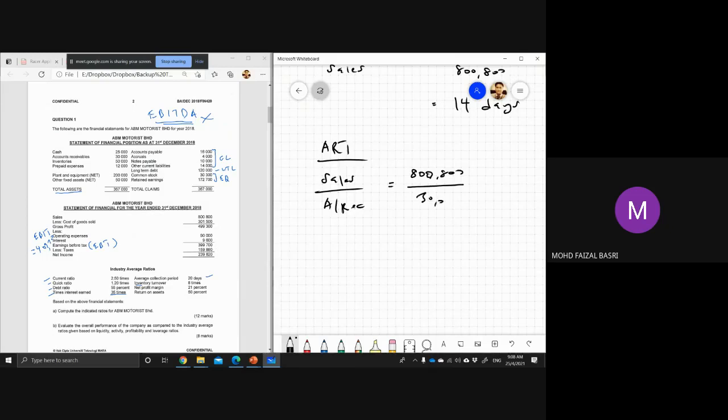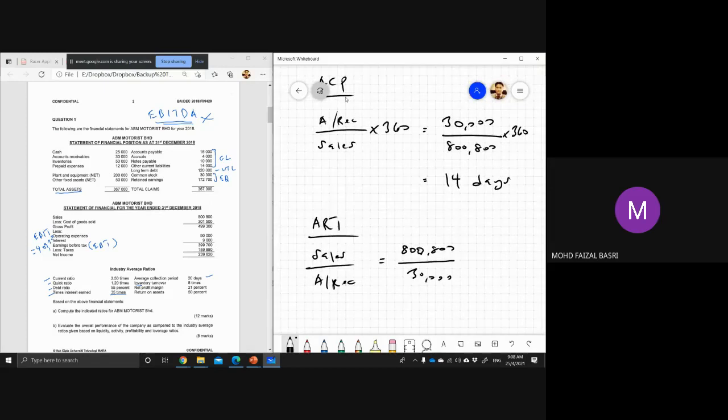So if you recall, the formula is actually pretty much the same as ACP, but this is the alternative way to measure. But we don't multiply with 360, we just divide like this. 800 by 30,000. So you have 26.7 times.